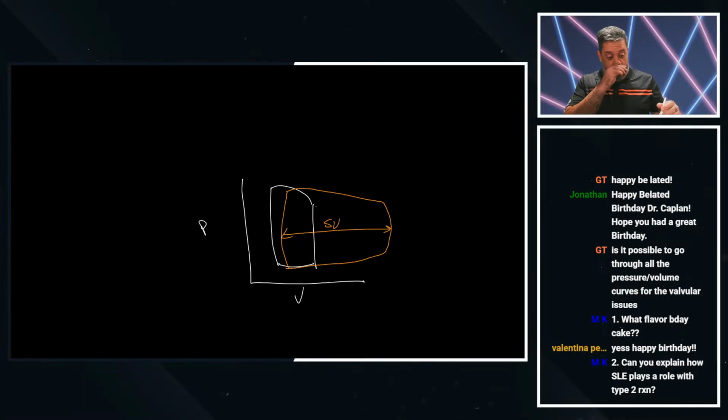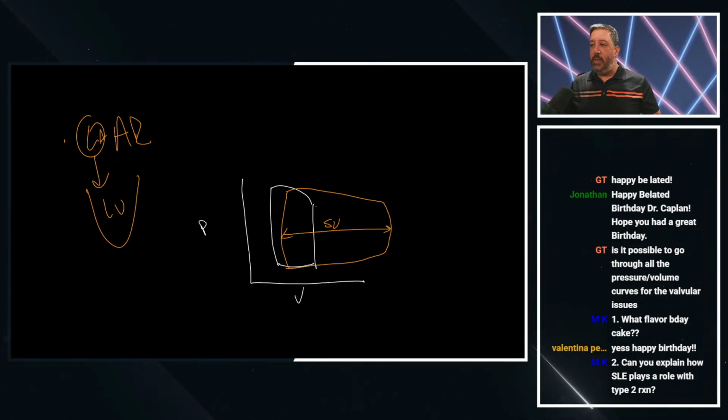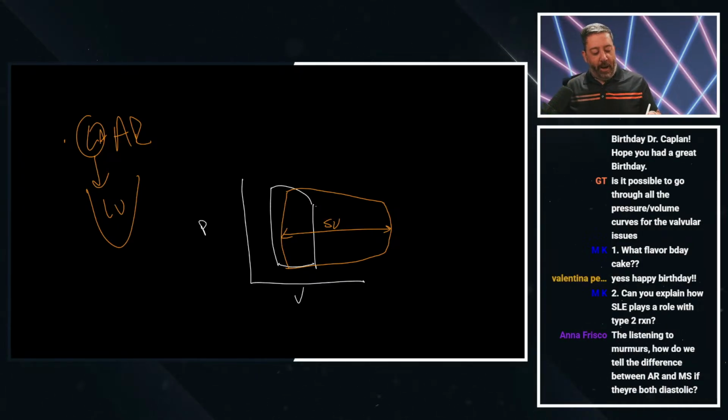With aortic regurg, you have blood going into the ventricle from the left atrium, going in like it normally does, but you also have backup of blood. I drew this really bad, I'm sorry.